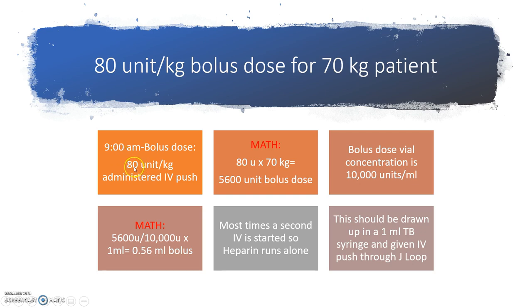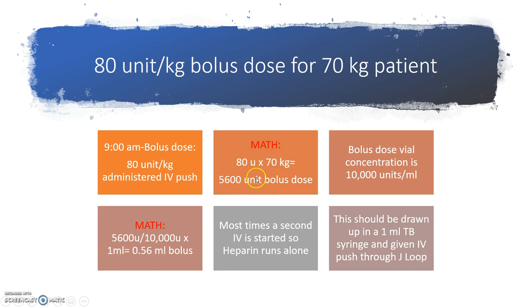We have to do a calculation to figure out how many units 80 units per kilogram is. Here's our math on that. 80 units times 70 kilograms, pretty simple, don't make this harder than it needs to be, is a 5,600 unit bolus dose. Well, our vial concentration is a very concentrated vial. It's 10,000 units per 1 mL. That's pretty standard at Unity Point.